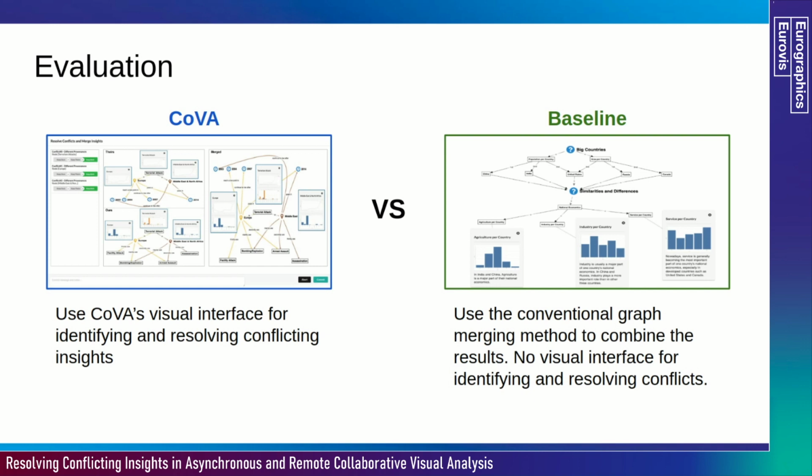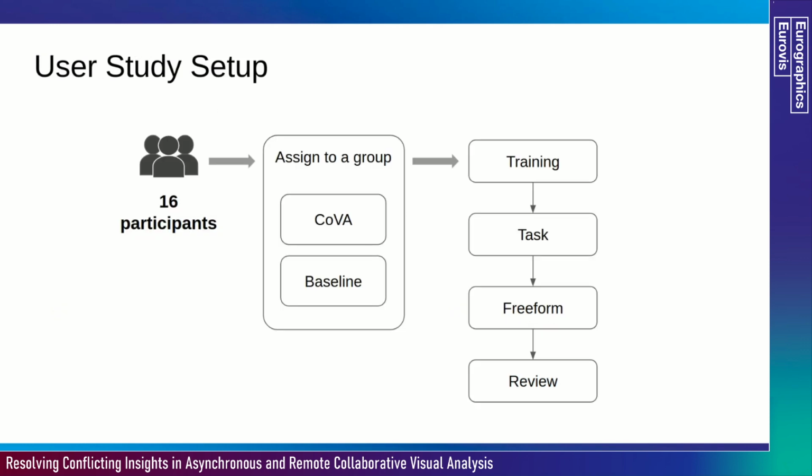That is, nodes and links with the same labels will be merged, and different labels will create different nodes and links in the combined graph, even if they are referring to the same insight. And users have to manually edit the graph to fix the results. We conducted a user study with 16 participants, and they were assigned to either the COVA or baseline group, with 8 people in each group.